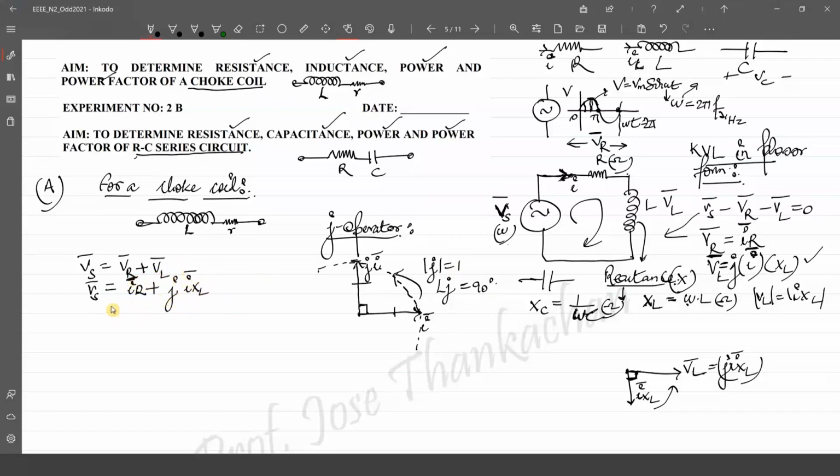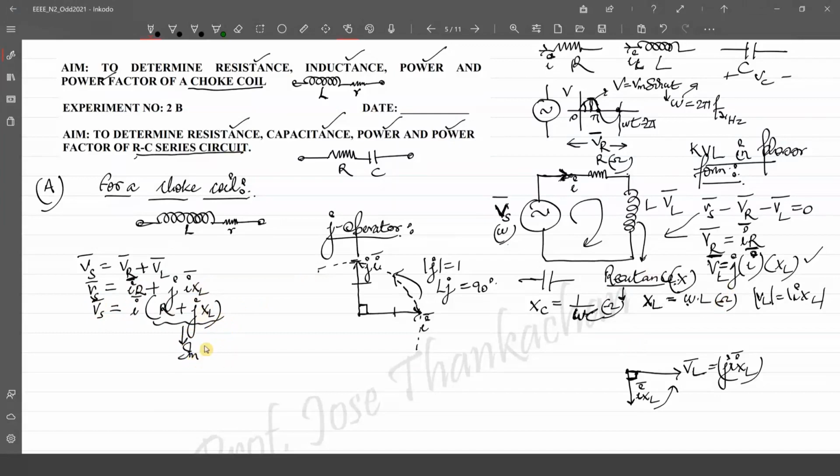Now you can see here, if I take the current phasor common, what is the quantity I'm getting? A scalar quantity R plus another quantity J times XL. So Vs phasor is equal to I phasor into R plus J times XL. What is this quantity now? This quantity together, R plus J times XL, is the quantity which one of you had initially said.